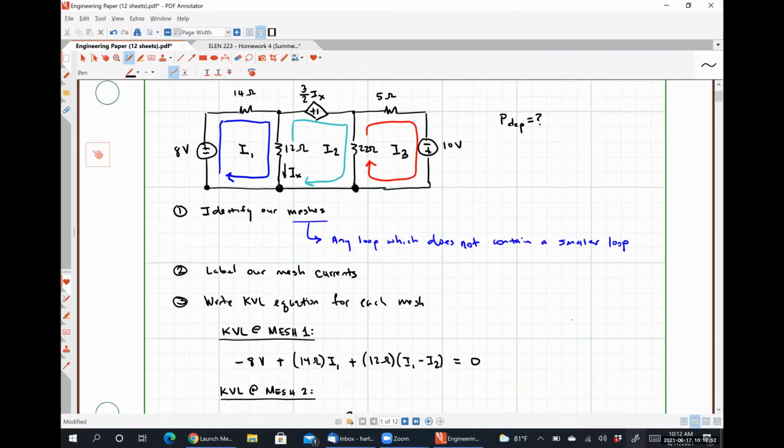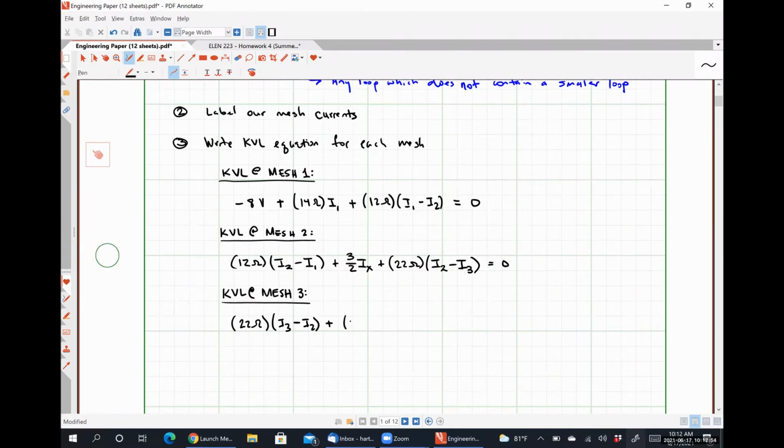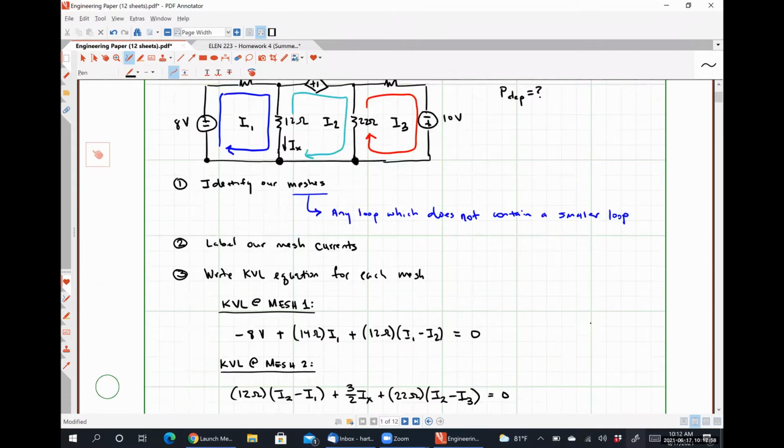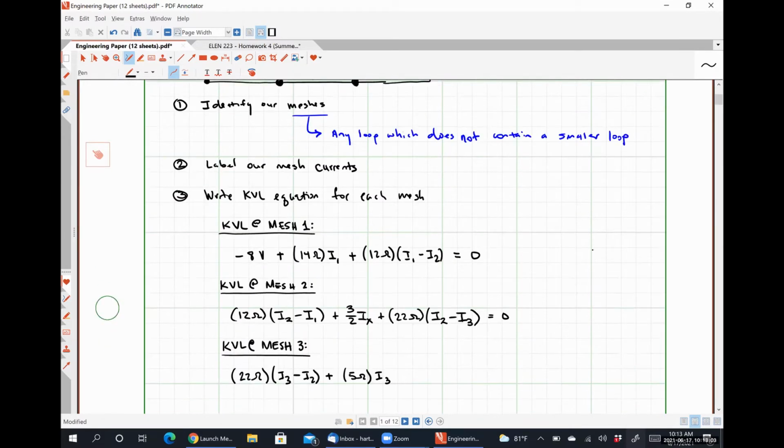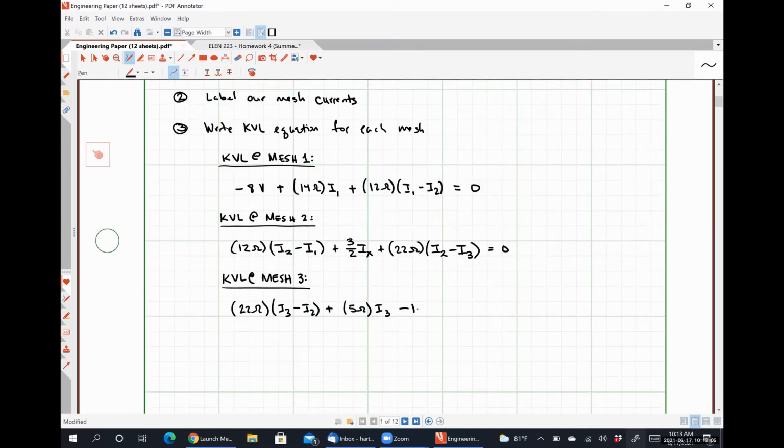The only current flowing through it is I3. And lastly, I see the negative polarity terminal of the 10 volt source. So I'm going to have minus 10 volts equal to 0. And because I have a dependent source, I'm going to have to write an equation for the controlling variable.